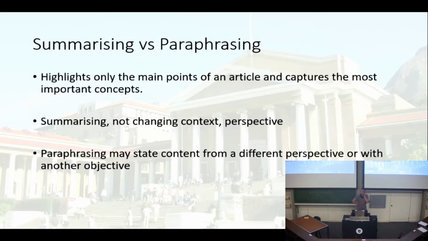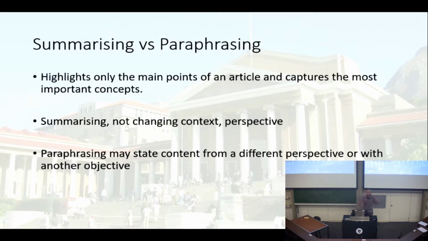Okay, summarizing versus paraphrasing. Again, sorry, I'm going at a blistering pace here. Summarizing highlights only the main points of an article. So there is a difference. Paraphrasing is I'm taking that person's ideas and using them for my context, and for my essay.